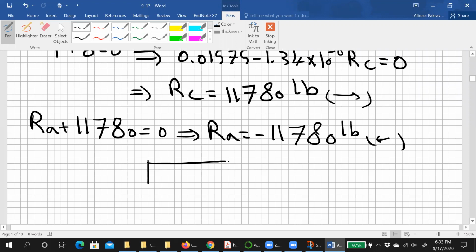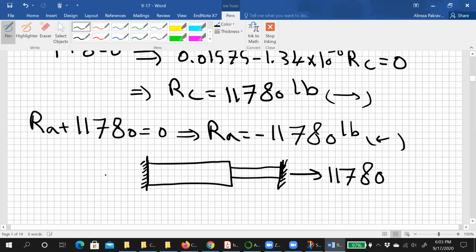So we have the final configuration, something like that. RC is this one. RA is this, right? Does it make sense to you?